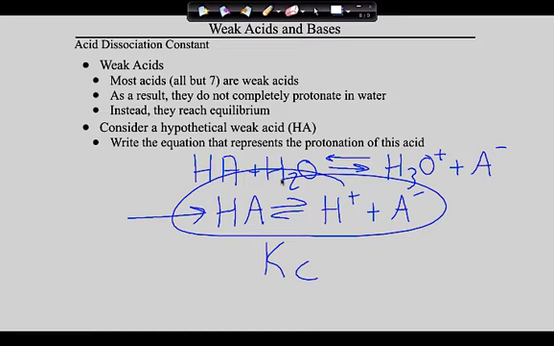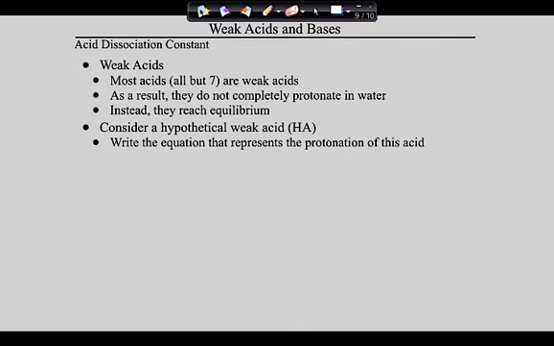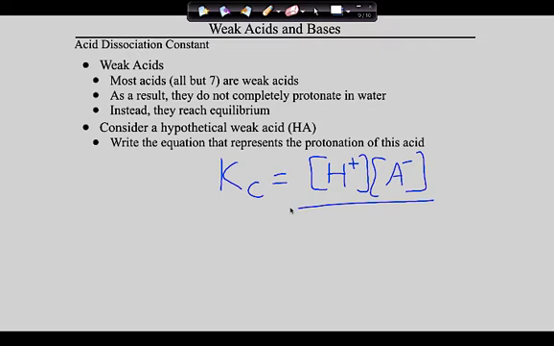Okay, so guys, Kc expression, right? So when you wrote this out, can I get rid of this and we can still picture what we had? So for our Kc expression then, guys, we've got our products, and then we've got our reactants.